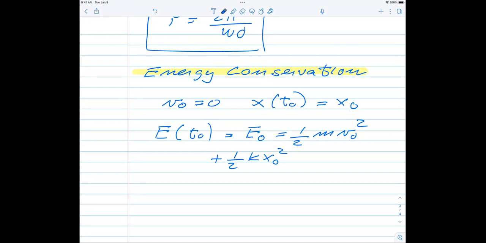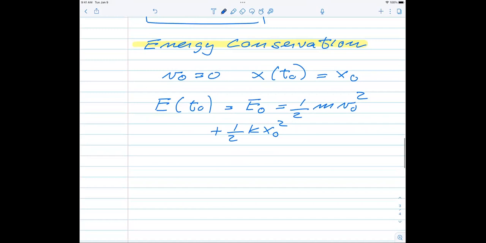The potential energy is just given by k times x squared multiplied with a factor of 1/2, where k is a constant. And since v0 is equal to 0, we have 1/2 of k times x0 squared.